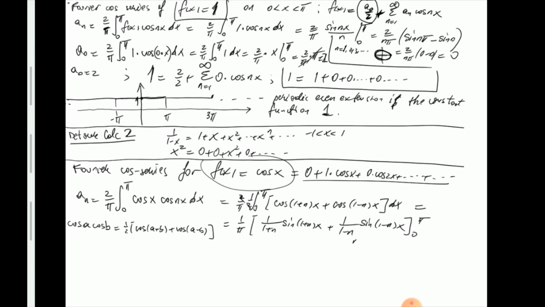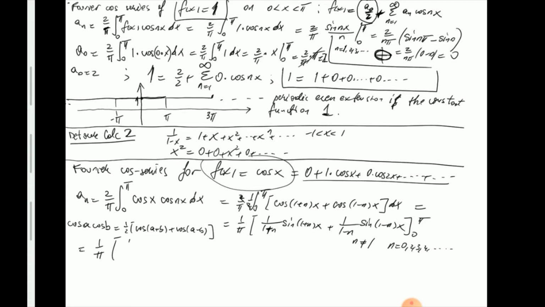And at this moment, you realize that you need to exclude the case n equals 1. That needs to be treated separately because you can divide by 0. Any number 0, 2, 3, 4, and so on will do, but not n equals 1. And when you plug in pi and 0, you just get 0 everywhere, right?